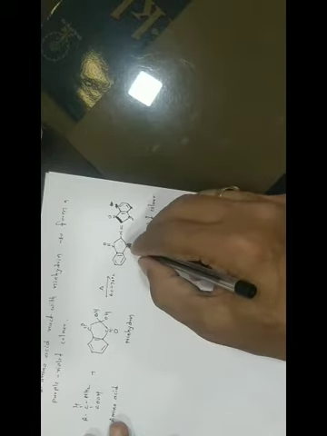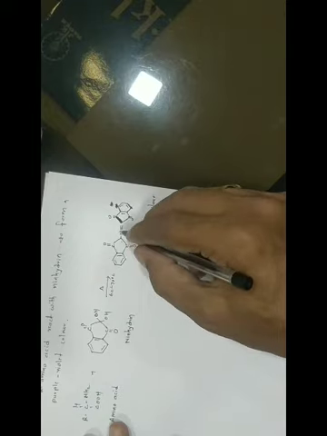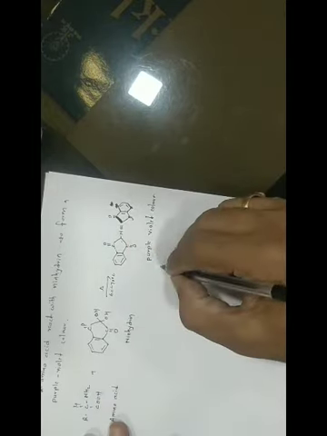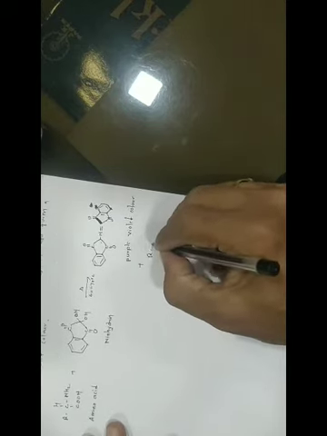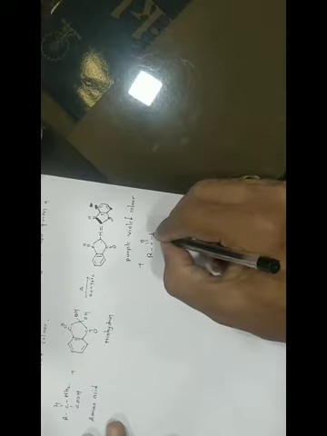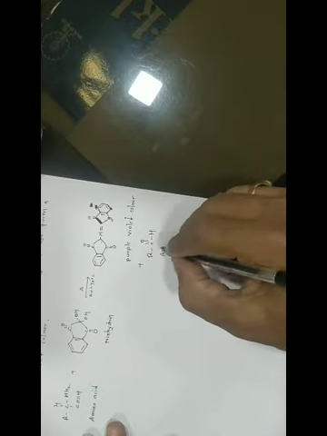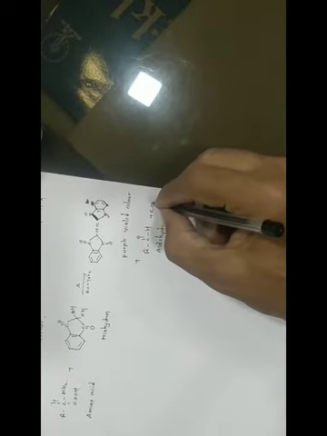The benzene ring is a 5-membered ring, C double bond O, N joined together, this and this, plus removal of RCHO, that is the aldehyde group, and carbon dioxide.